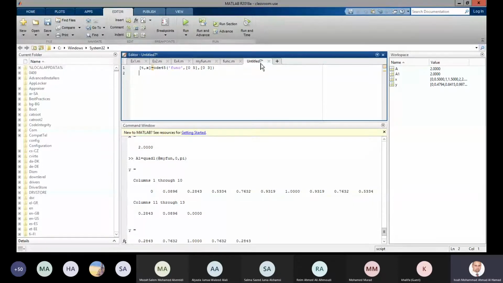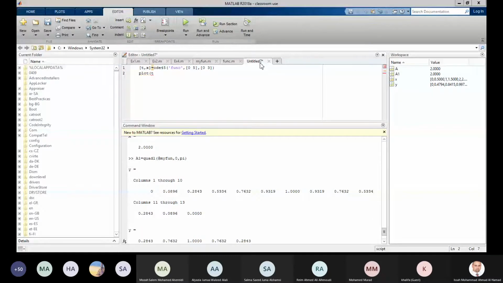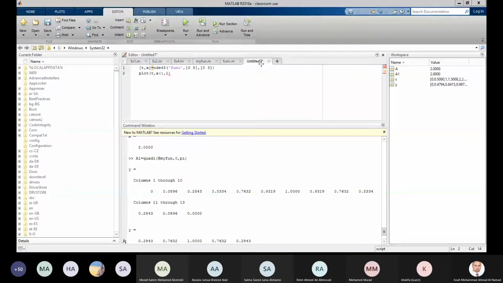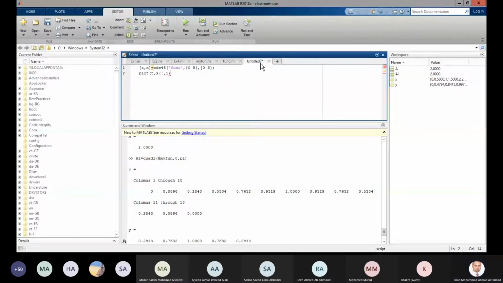Now I need to plot, for example, t and x, up to the last entry.